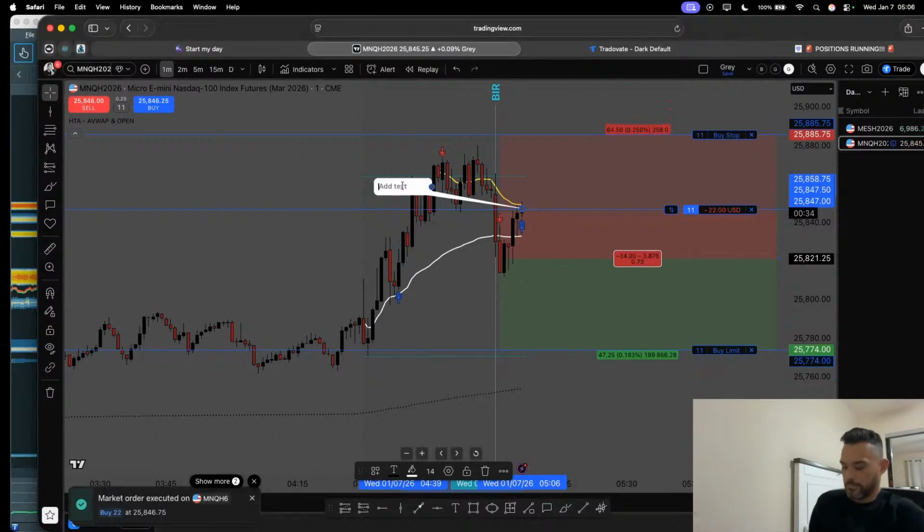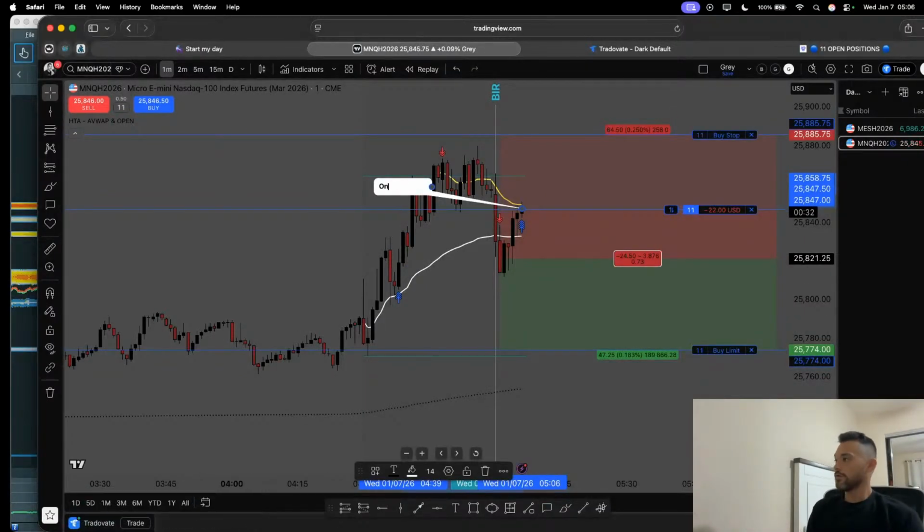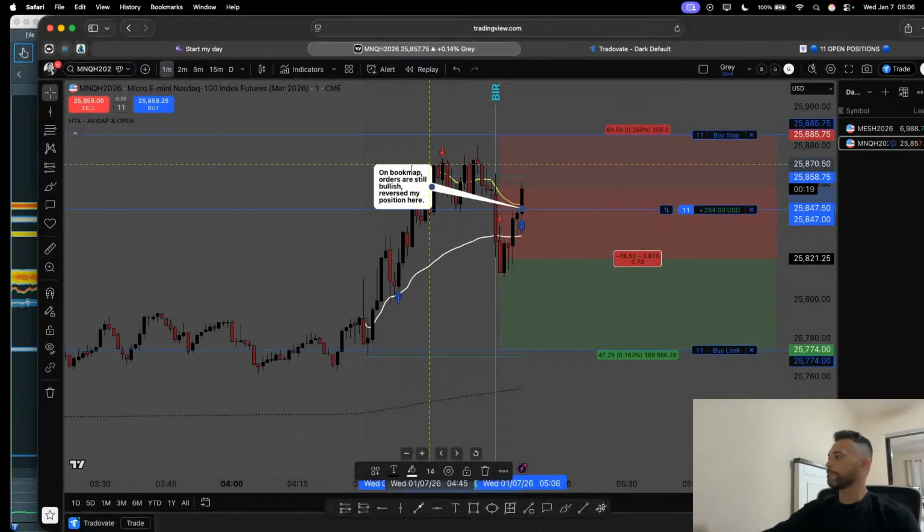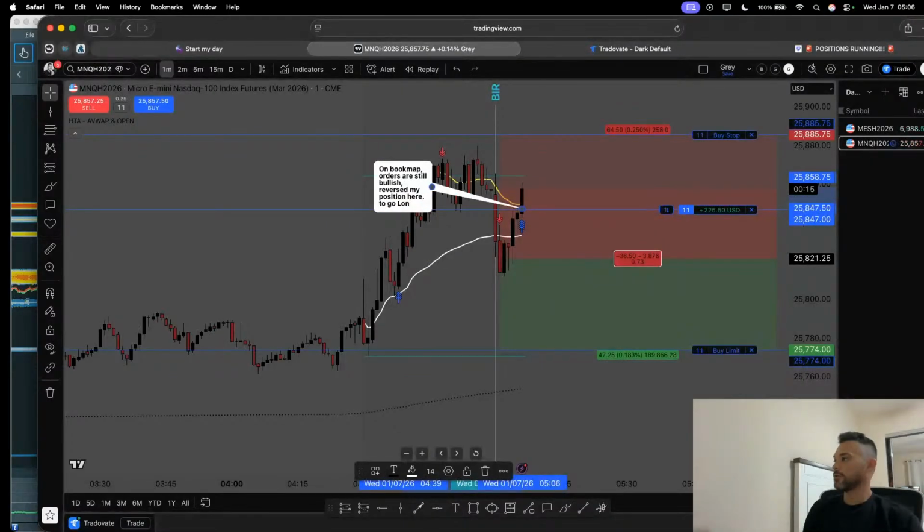So on Bookmap, bullish. My position here. So go long.